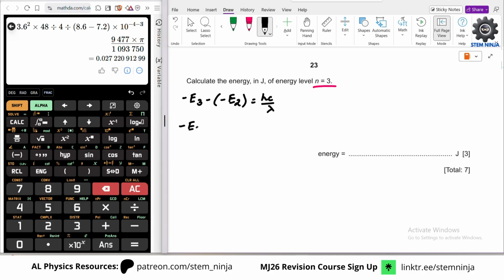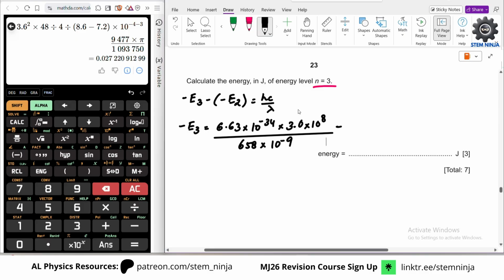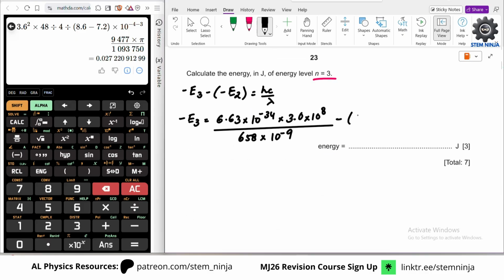So minus E3 is equal to 6.63 times 10 raised to power minus 34, Planck's constant, times the speed of light, 3.0 times 10 raised to power 8, over the wavelength 658 nanometers, plus 3.4 electron volts.